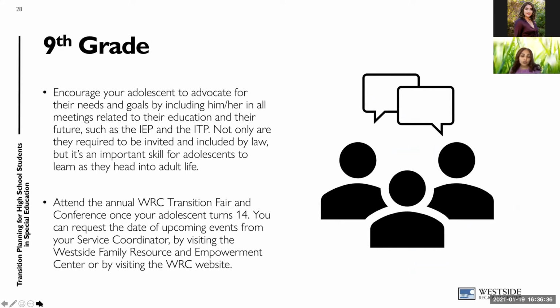When children are out of high school, some of the support may go away, and they might not have the full support that they're having around IEPs and ITPs. So we want to make sure that they know exactly what they can do, what they're allowed to do, and how they can be supported in terms of being able to accomplish their goals.